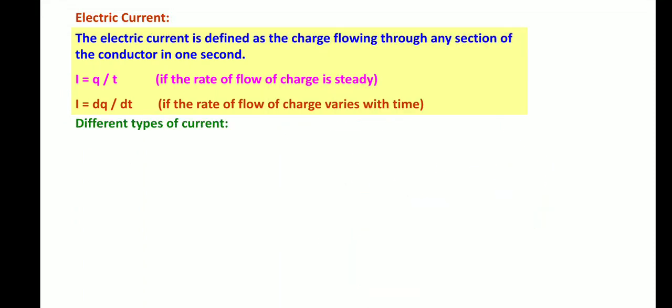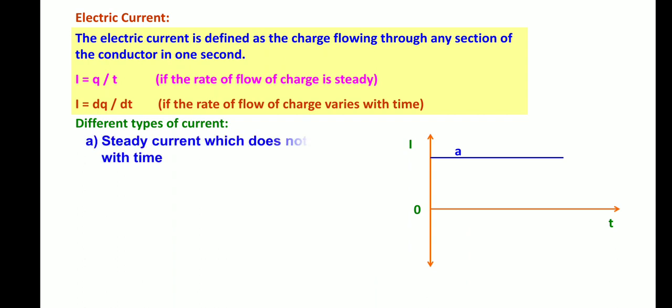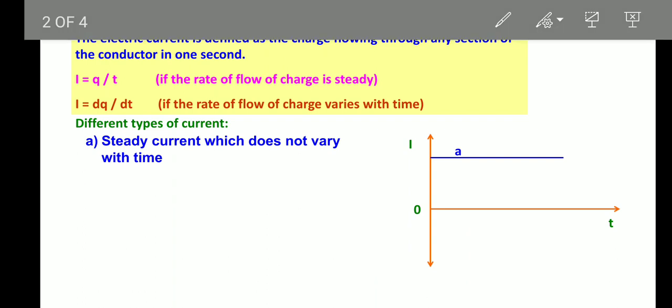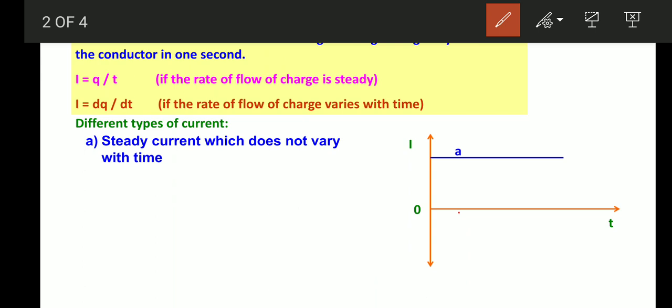Then we'll study the different kinds of current. Let us plot a graph between time versus current. In the first case, a current that doesn't vary with respect to the time is called steady current. Look at the graph. Let's say this is time 1 second, this is 2 seconds, 3 seconds, and so on.